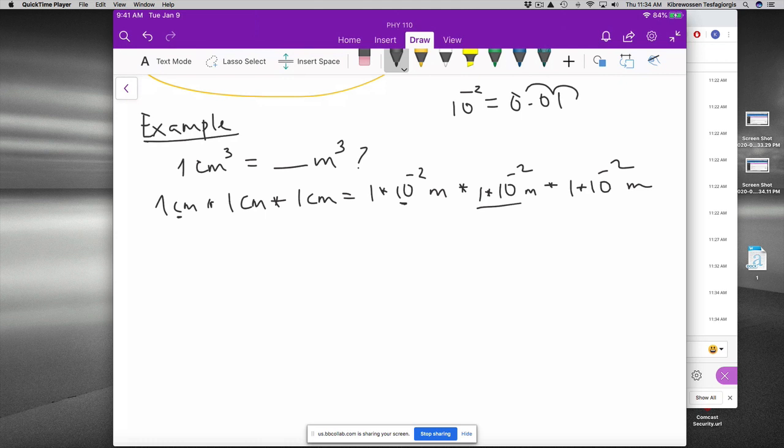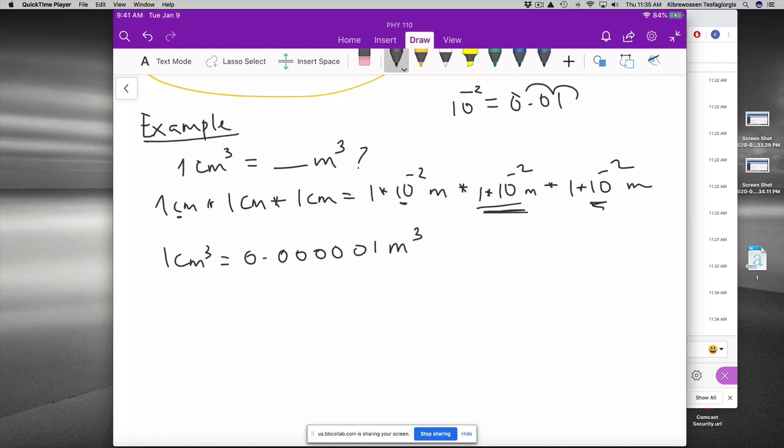So therefore, you multiply this, then 1 centimeter cubed is going to be 0.000001, because how many times you need to move it? 2 times here, 2 times for this, 2 times for this. In general, you have to move the decimal place 6 points backward to get the meter cubed.